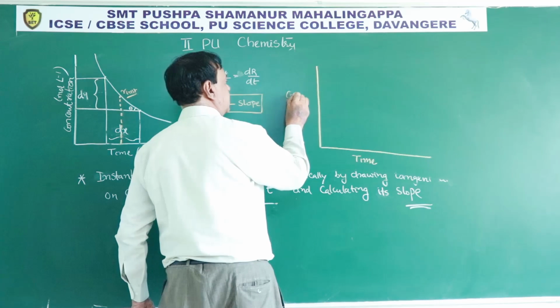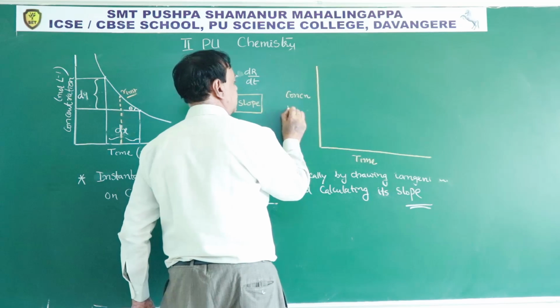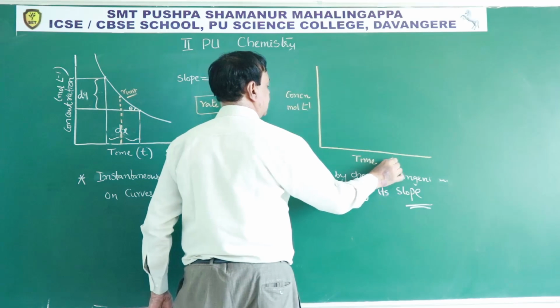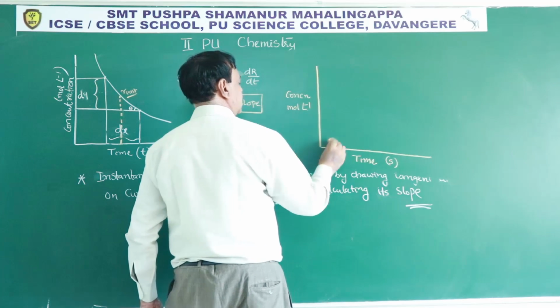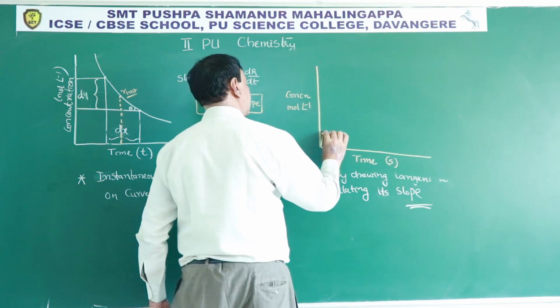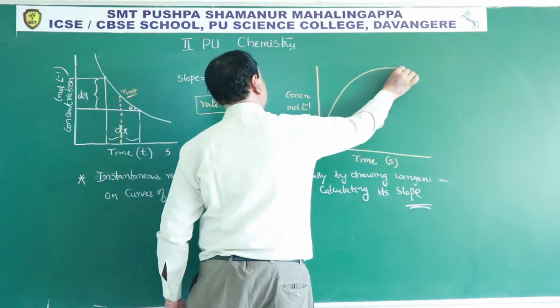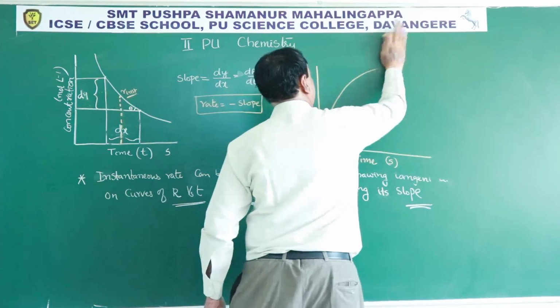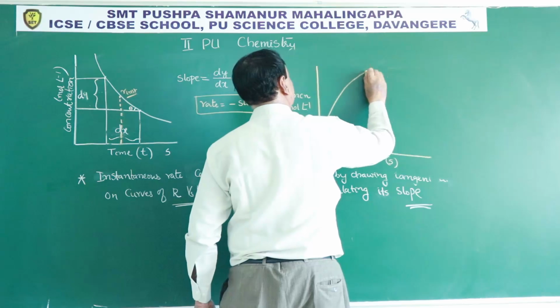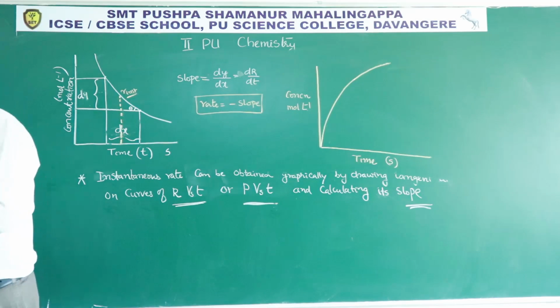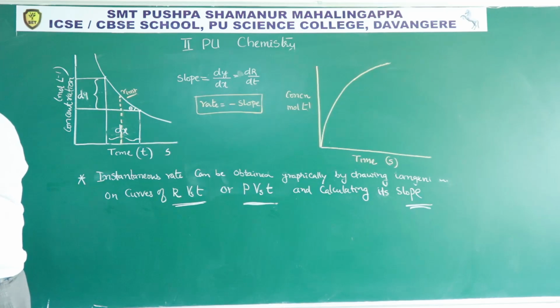This is concentration in moles per liter, and this is time in seconds. Therefore the concentration of the product gradually increases. Then you plot a graph.